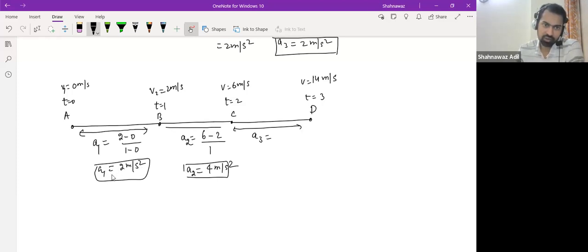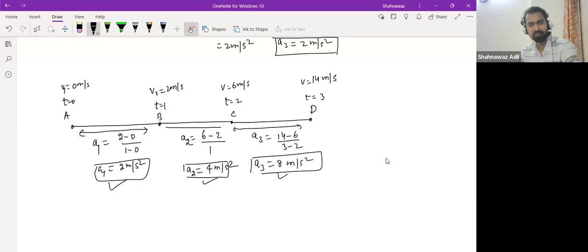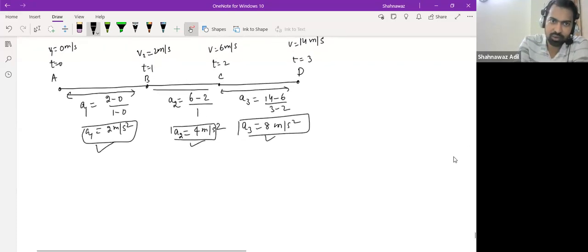Yeah, so this would be 14 minus 6 by 3 minus 2, which is 8 meter per second square. So you can see that the acceleration is changing, right? So this is called the non-uniform acceleration. Whenever you have unequal change in velocity in equal interval of time, that is called the non-uniform acceleration.